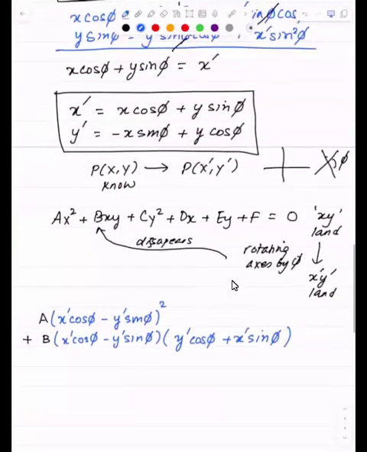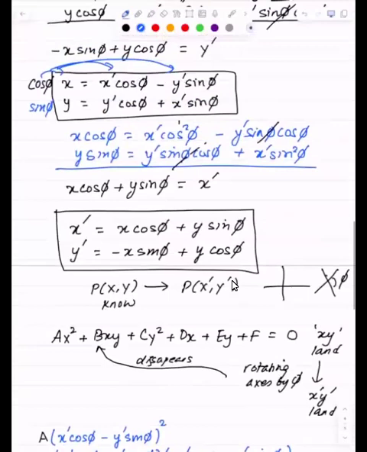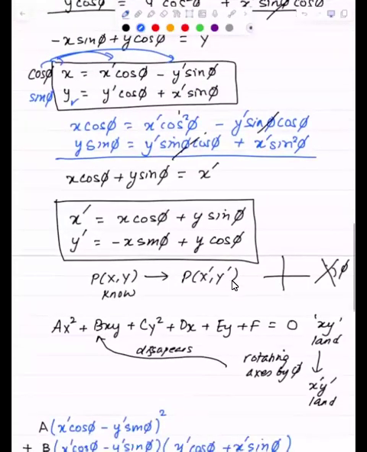Let's look up. So y is y prime cosine phi plus x prime sine phi. Yep.